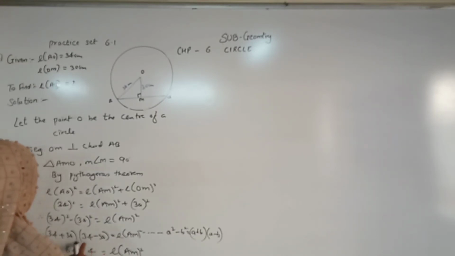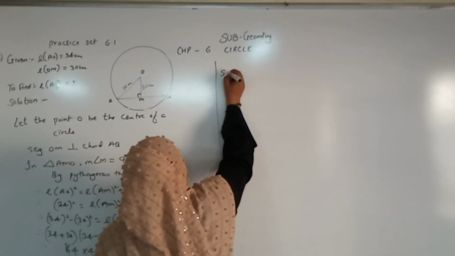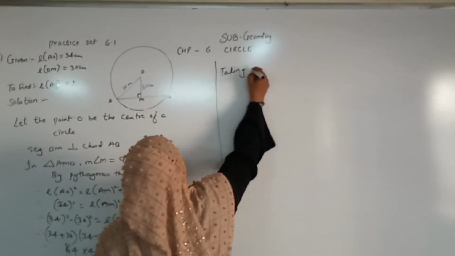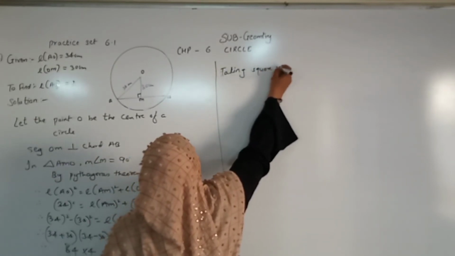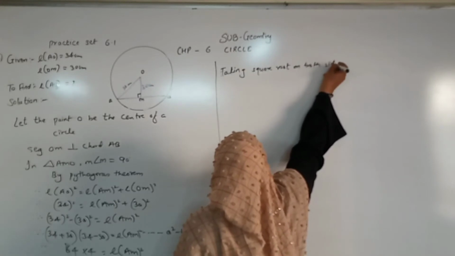Okay, यहाँ पर मल्टीप्लाई की साइन है. Bracket means multiply. So 4 4s are 16, 1 carry, 4 6s are 24, 25. 256 equals length of AM square. Now what, take out the square. I will take square root on both sides.